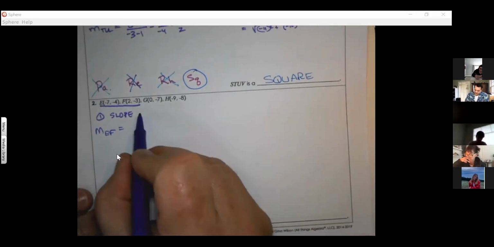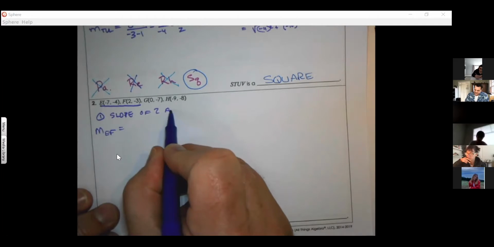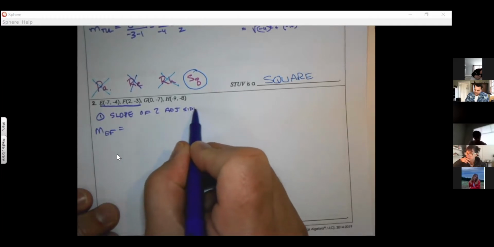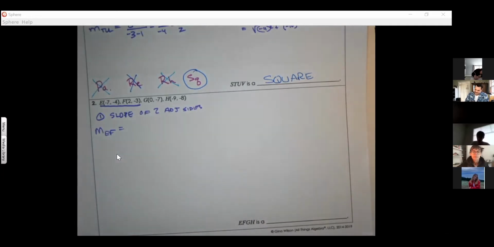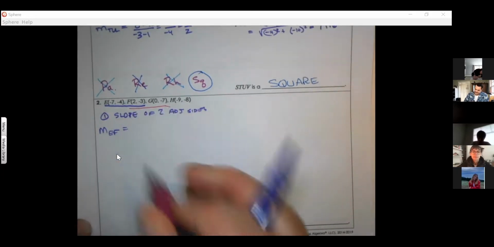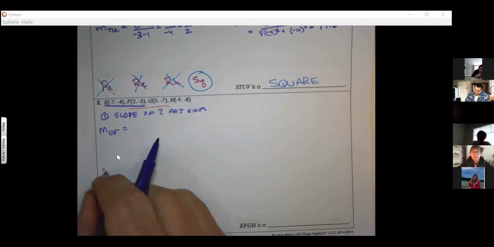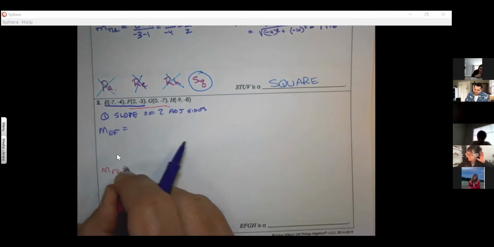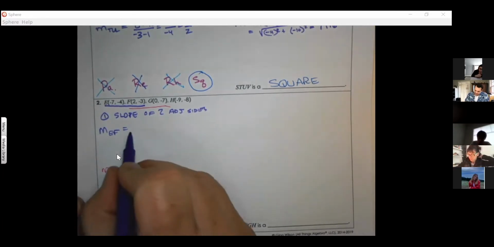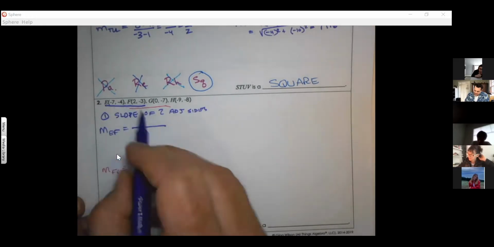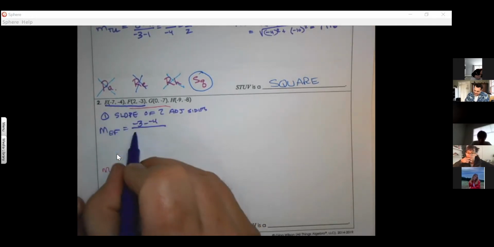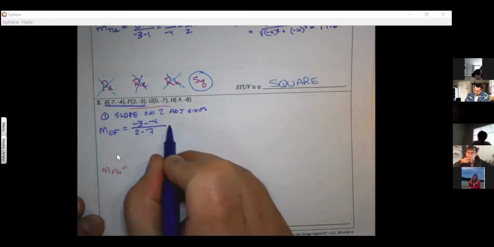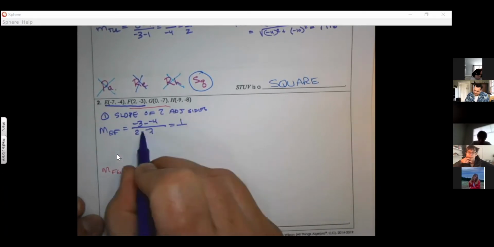If I find the slope of two adjacent sides, first I'll find EF, and then I'll choose another one that's next to it, like FG. I remember my slope formula is the difference in the y's over the difference in the x's. So that's 1 over 9.